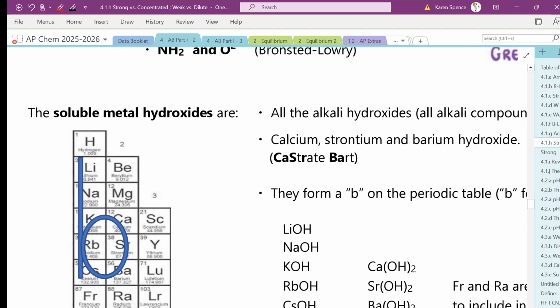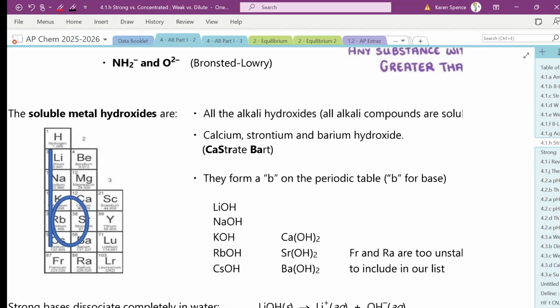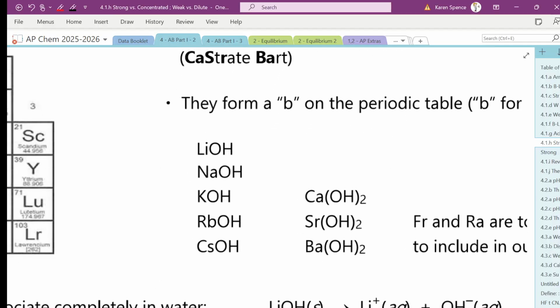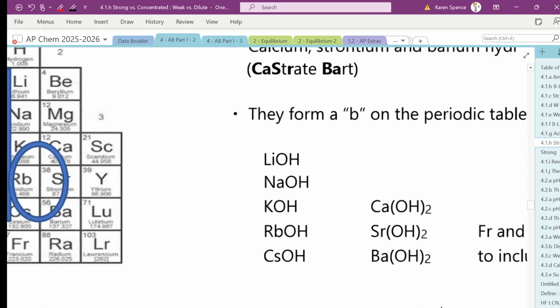You also have the soluble metal hydroxides. I don't think you need to memorize these ones. Calcium hydroxide, they call it soluble. It's not that soluble, nor is strontium, nor is barium.